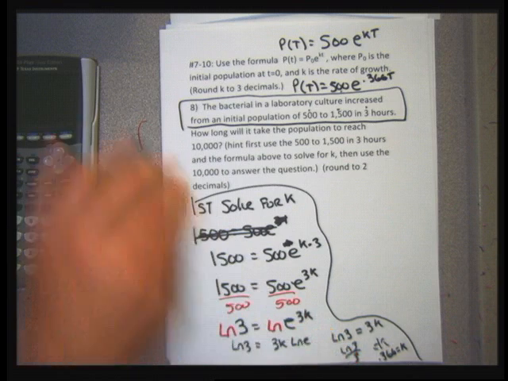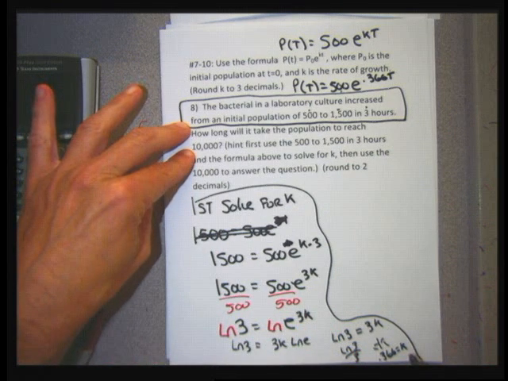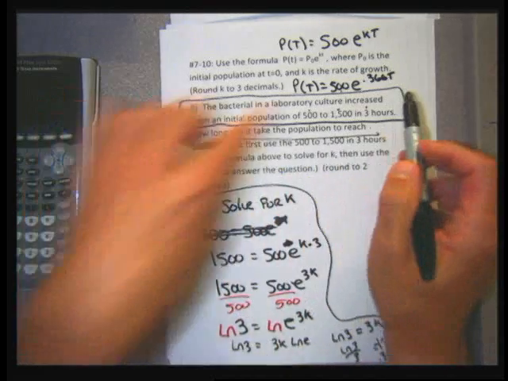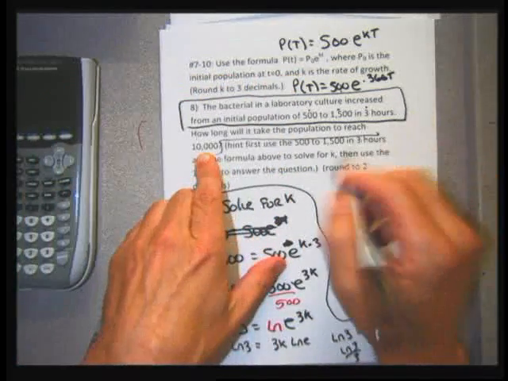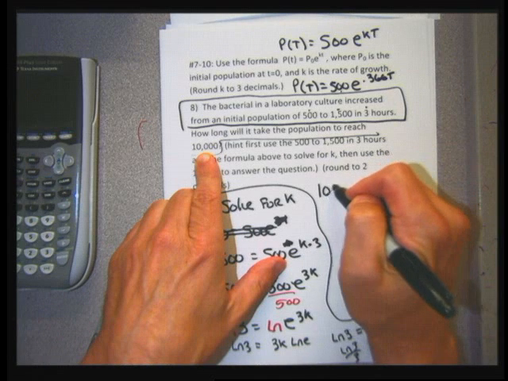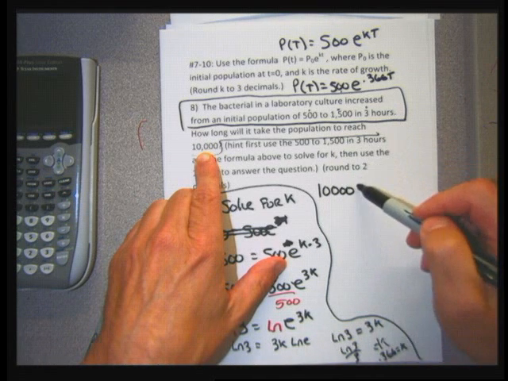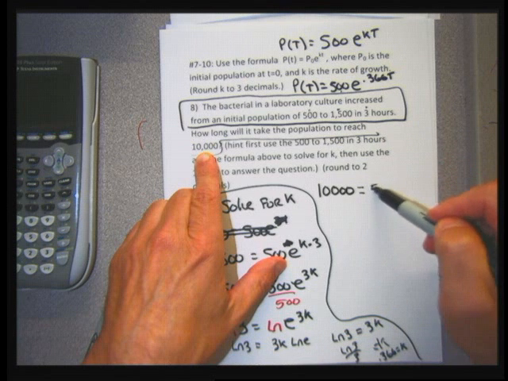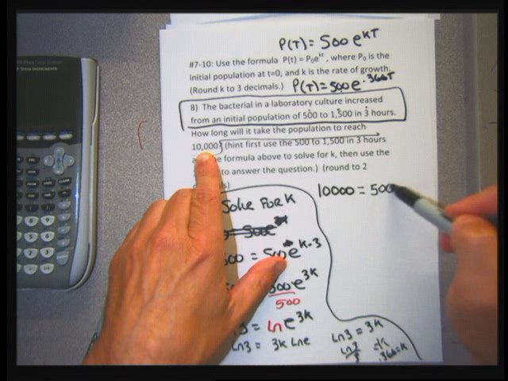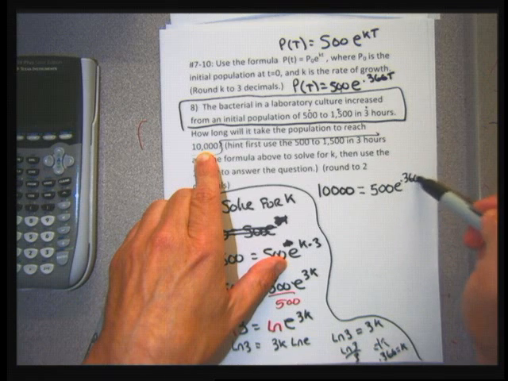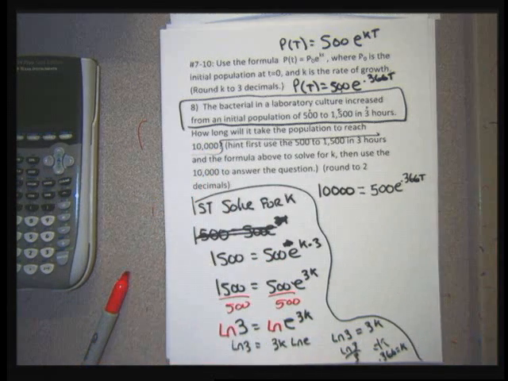Now I can answer the question, how long will it take for the population to reach 10,000? I'm going to use the formula that I have now and plug 10,000 for the future population. So I'm going to put 10,000, the future population, I'm trying to find how long it takes to get there, equal to the 500 that I start with times e to the growth rate times t power.